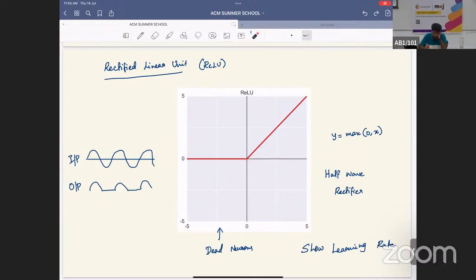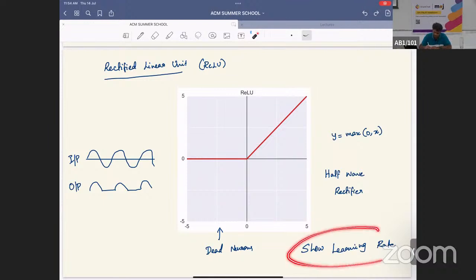So if the inputs are negative, then the output is always 0. You can write this in a simple form as y equals max of 0, x. So the rectified linear unit never outputs a negative value. It's also similar to a half-wave rectifier in a diode circuit, if you want to find a similarity. The earlier one was a clamper in a diode circuit. This is a half-wave rectifier.